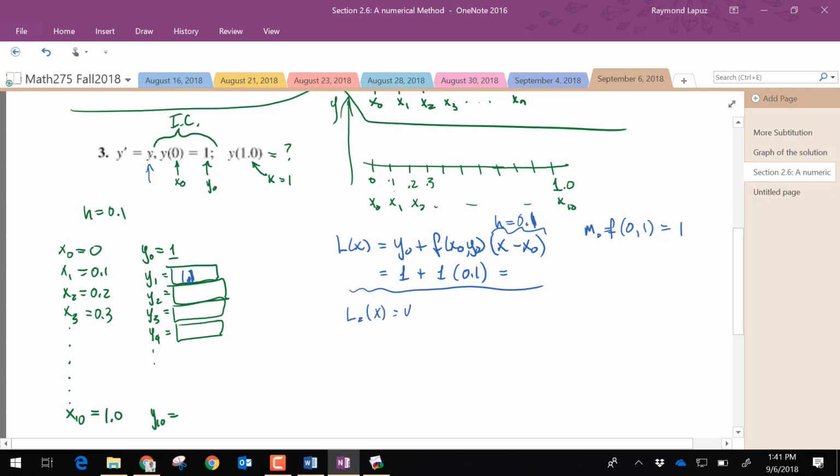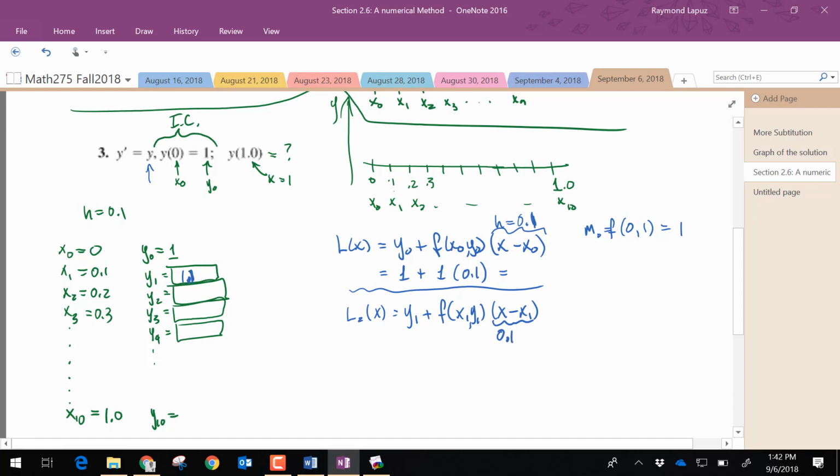L of x is going to be y sub 1, the new y sub 1 that I just found, plus the function evaluated at x sub 1, y sub 1. And then here I have x minus x1, which again is going to be the step size, h. I probably should stop putting x minus x1 there and just say this is h.